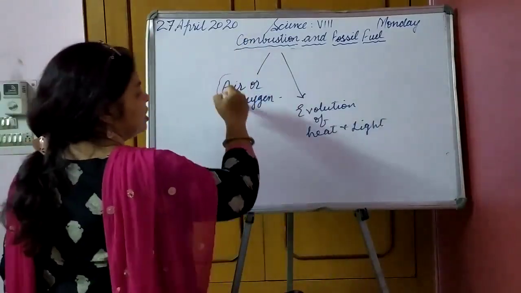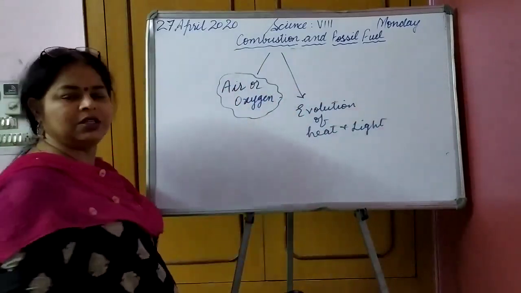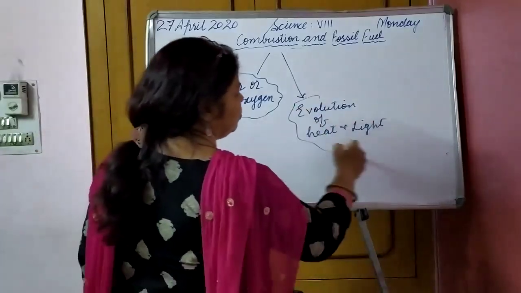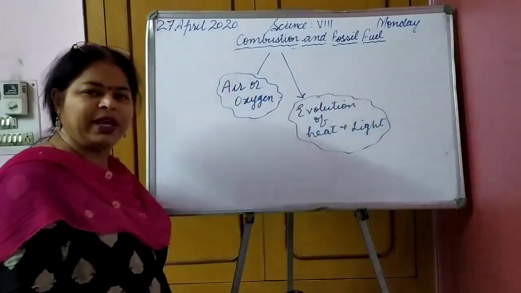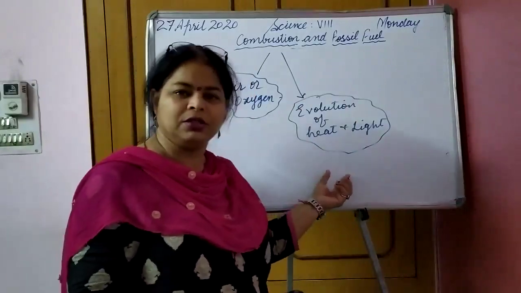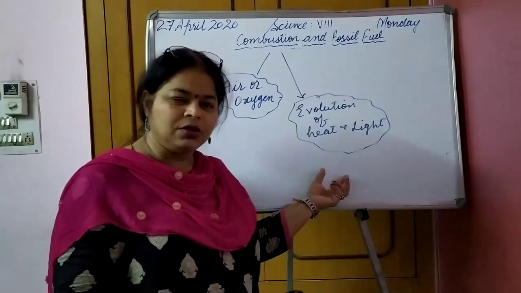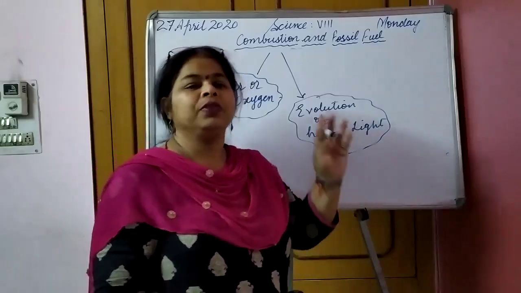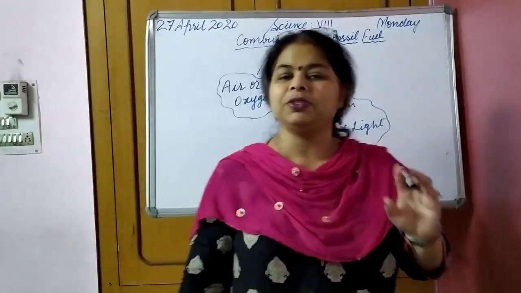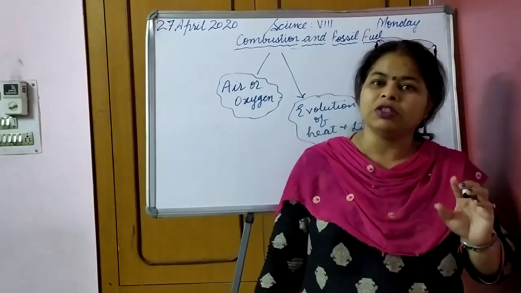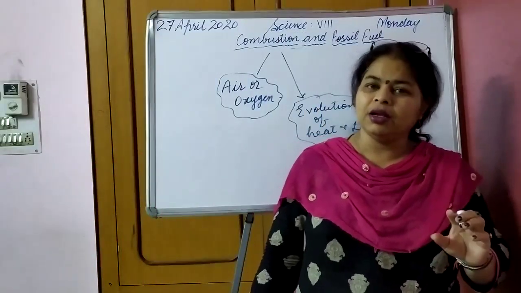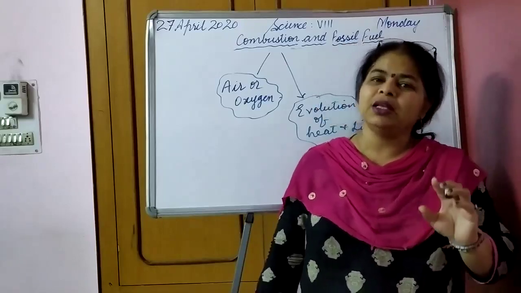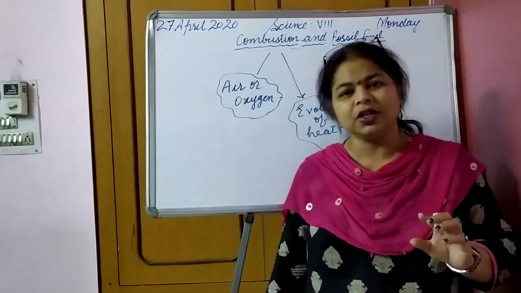So the process in which air or oxygen is required for burning of a substance and evolution of heat and light takes place, we call it combustion. I hope it is clear to you. Repeating the definition: the process of burning of a substance in the presence of oxygen or air, with the evolution of heat and light, is what we call combustion.